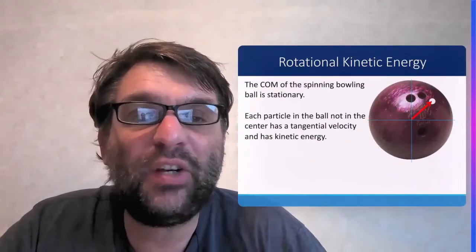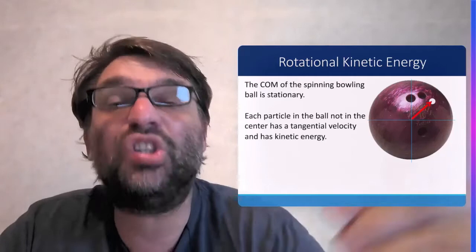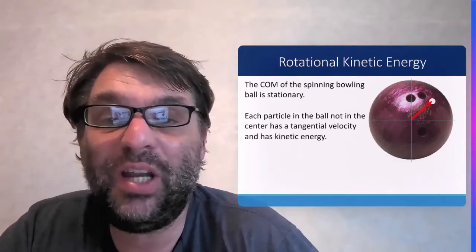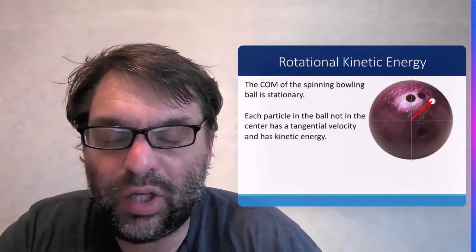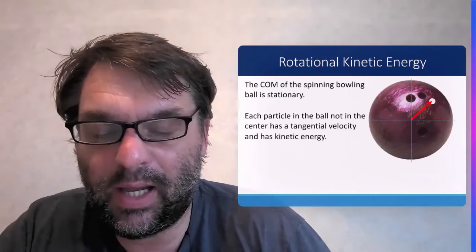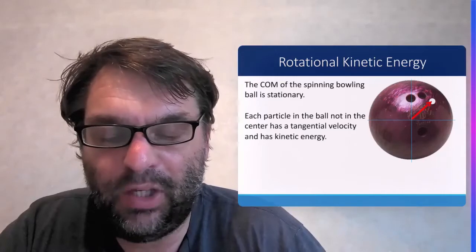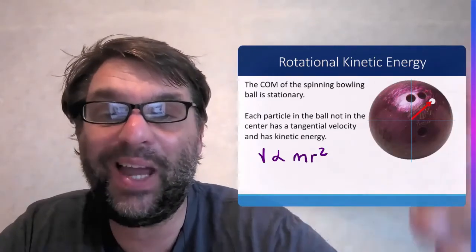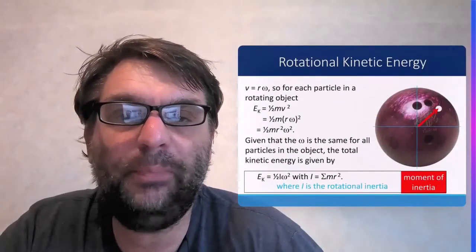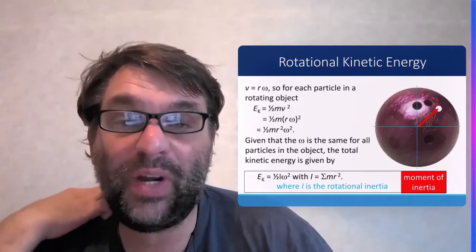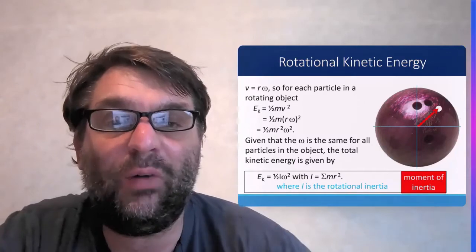Okay, so the centre of mass of this bowling ball is going to stay where it is, but every particle which is not at the centre of mass will have its own tangential velocity, therefore its own kinetic energy. Okay, so in translation, every mass particle has the same velocity. It's not the case in rotational motion. Okay, each mass has a velocity that's proportional to how far away it is from the centre of mass, the radius, as you can see from the diagram. So, because velocity equals radius times omega, the angular velocity, each particle in a rotating object will have a kinetic energy of half mv squared.